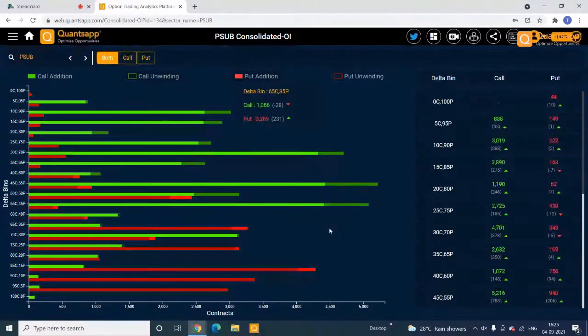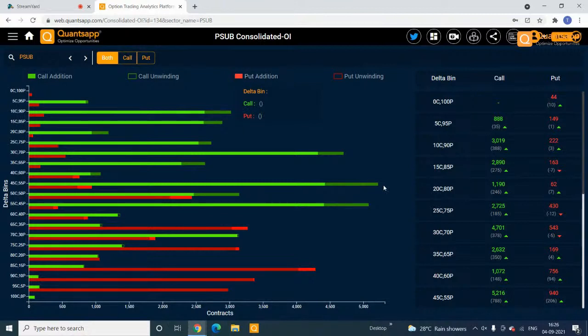On the put side, the 50 put strike is having a lot of addition, so we are seeing the 50 put OI increasing. We need to keep a close watch on how the PSU bank starts behaving.